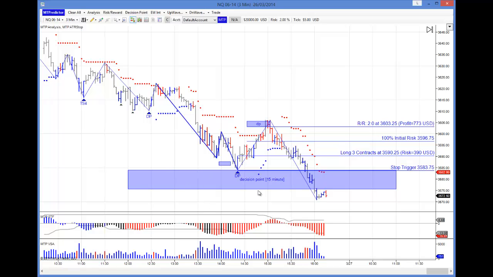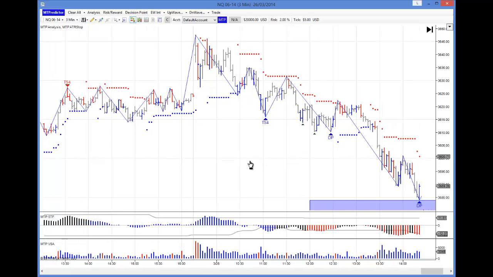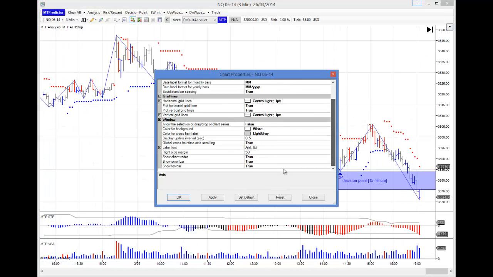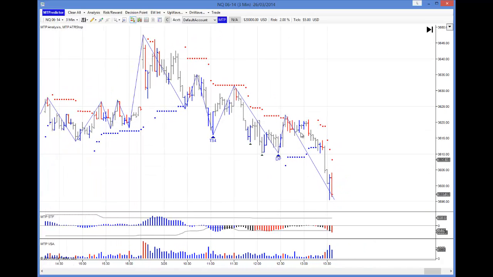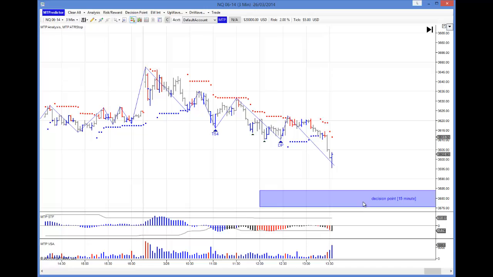But remember, these decision point levels are on the chart in advance. So even before the market got down to this particular level here, if I scroll the chart right off, in fact I'll put a bit more space on the right hand side here, just bear with me for a second. There we go, put a bit of space on there. So even before the market got down here, you would have known that this was an area where support was likely.